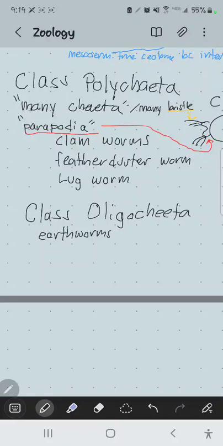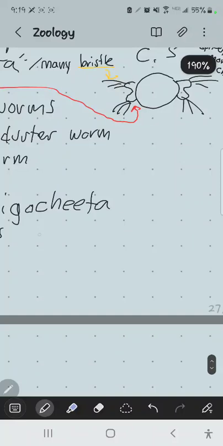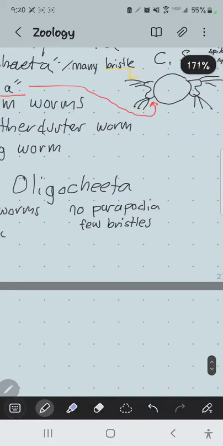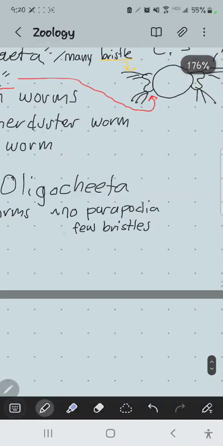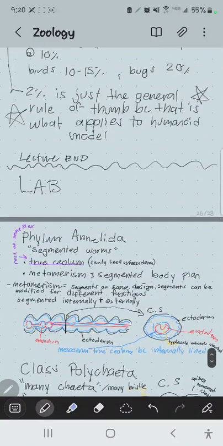The oligochaete has no parapodia and few bristles. So no parapodia, none. And the name oligo means few in Latin. If you've ever heard the term oligarchy, it means a country that's ruled by a few people. So oligo means few.